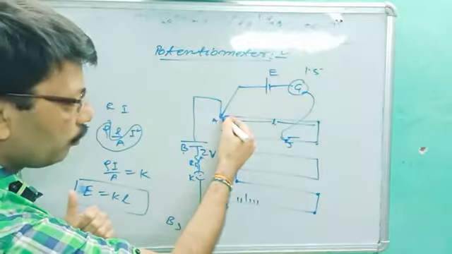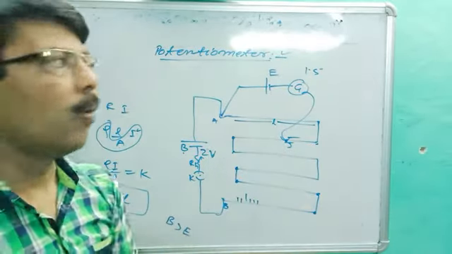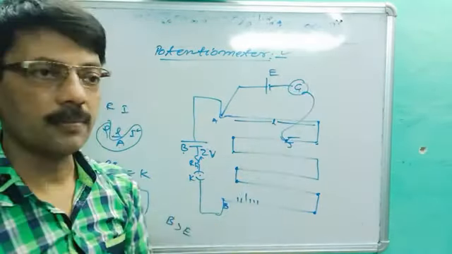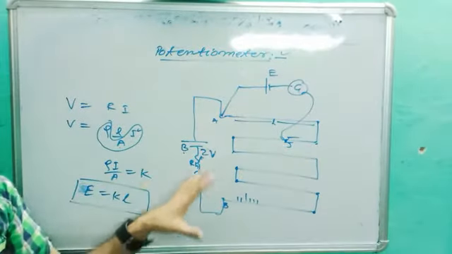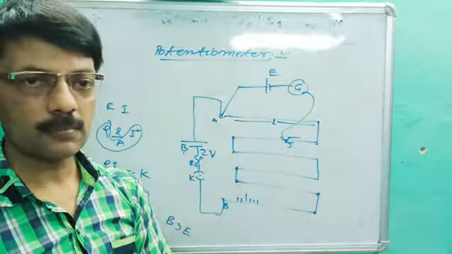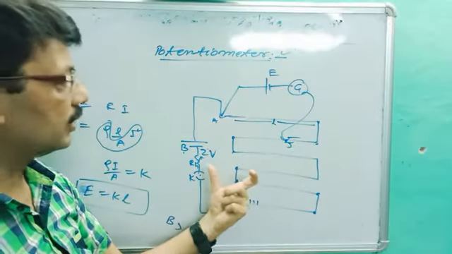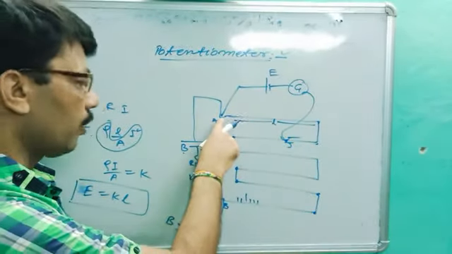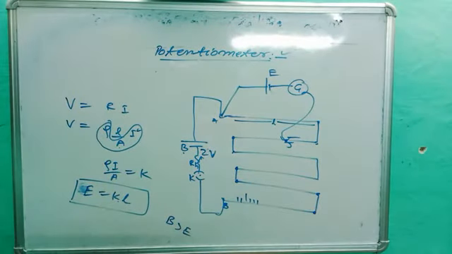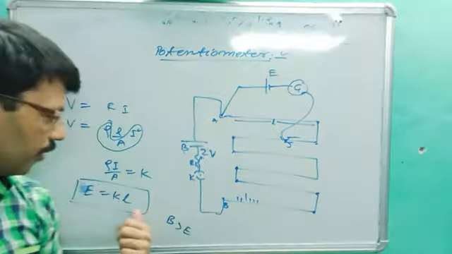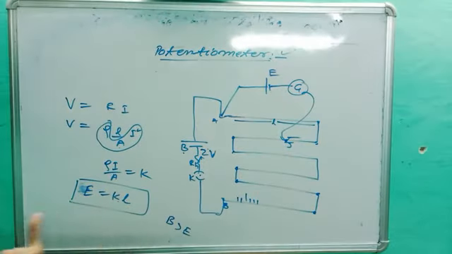As soon as you move from A to B, there will be a voltage drop from A to B. This is called the principle of potentiometer. When constant current is drawn through a uniform cross section wire, there is a voltage drop from A to B, and we get the formula E equal to KL. Very, very important formula. This is the formula for potentiometer: E equal to KL, where K is called potential gradient.